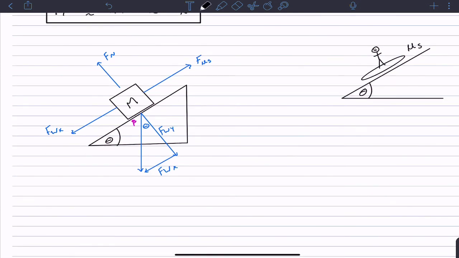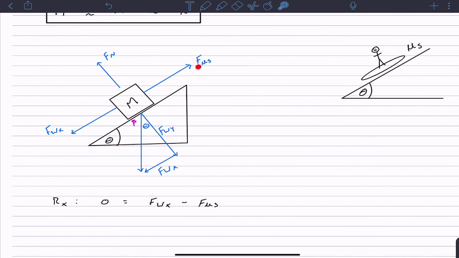Now one thing is for sure, we're told that the sled and the rider are not going anywhere. So we can set up the resultant force in the x direction as 0 because we have no motion. So we have no net force, okay? So then we have the weight force in the x direction, going this way because this is parallel to this, minus the frictional force going the opposite direction.